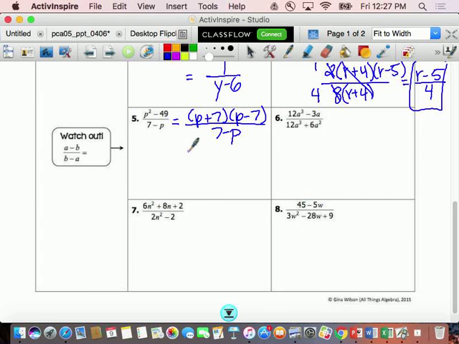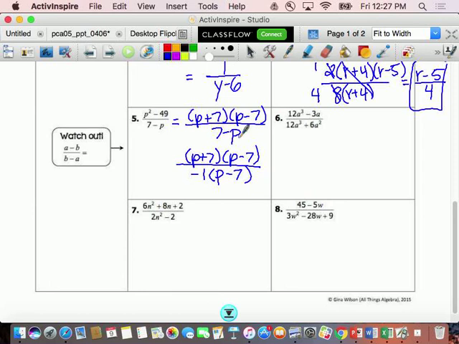Here's what I do. I keep the p plus 7 and the p minus 7 in the numerator. But in the denominator, I do negative 1 times p minus 7. 7 minus p is the opposite of p minus 7. That would give me the negative p and the positive 7. Does that make sense? This is just another way of writing 7 minus p.